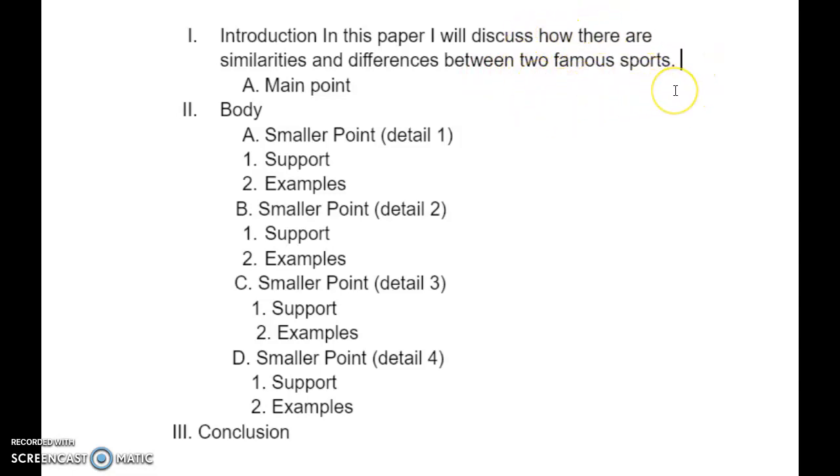So when I say 2 famous sports, it makes the reader think, ooh, I want to know what the sports are. Okay? So your main point, let's say, will be soccer and basketball are loved sports.